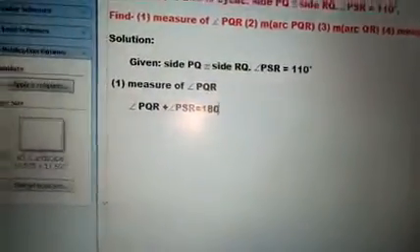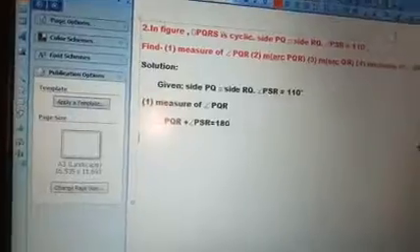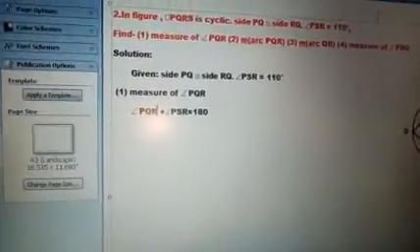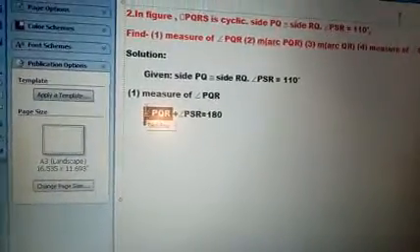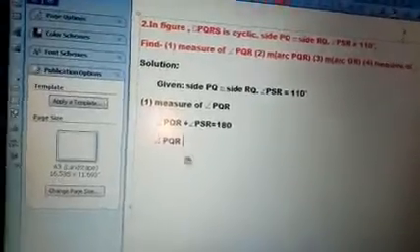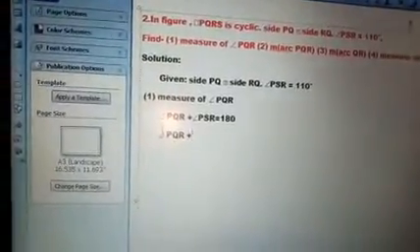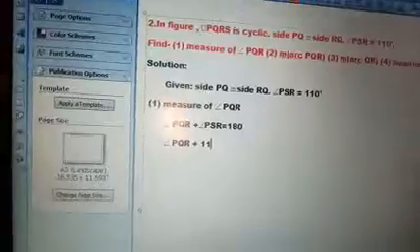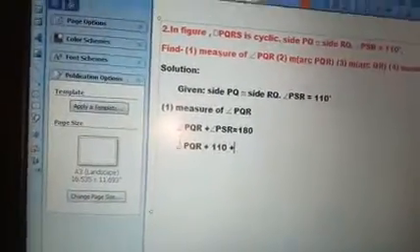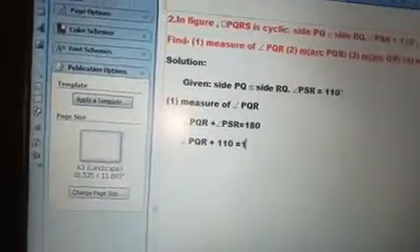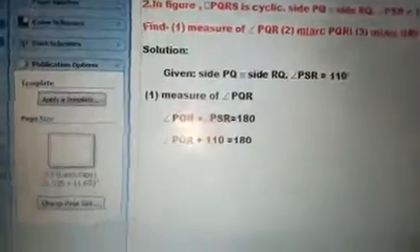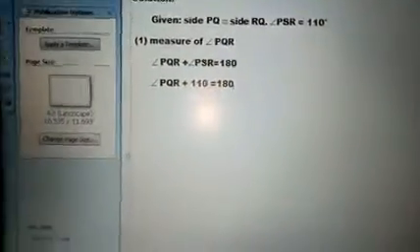So if both sum is 180 degrees, then we know one angle value: we are given PSR 110. If we put here 110 degrees, then first of all angle PQR we have to find, so it is as it is, plus angle PSR is 110 degrees, and is equal to how much? 180 degrees. Now this positive 110 on the left hand side goes to the right hand side as negative.